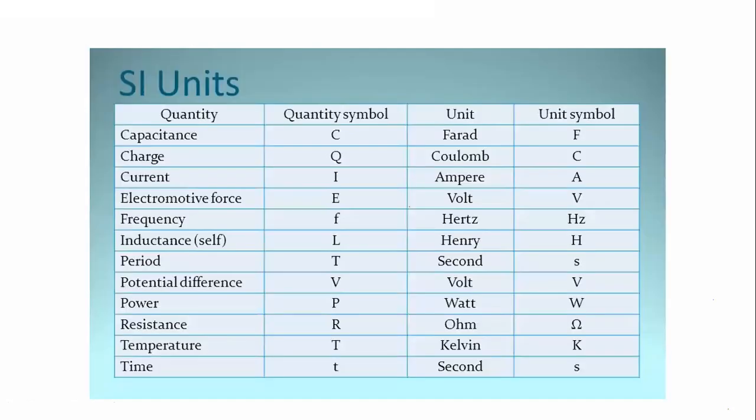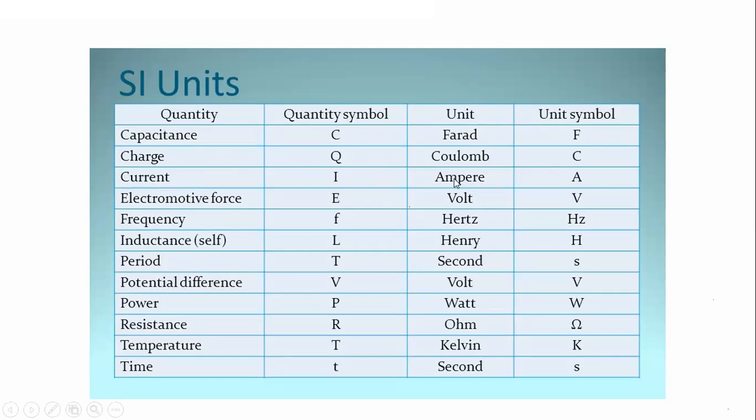Next are a few system international units which the whole world follows. The first one is capacitance. Capacitance is denoted by C. The unit is farad and the symbol for the unit is F. Then the charge Q and the unit is coulomb.